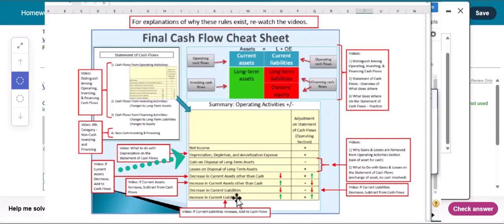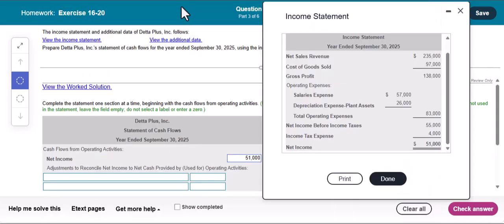Next on our cheat sheet, after net income, is depreciation, depletion, and amortization. These will be found on the income statement. We need to back them out, and because they lower net income, we get them back out by adding them back in. So let's see how much depreciation this company had.